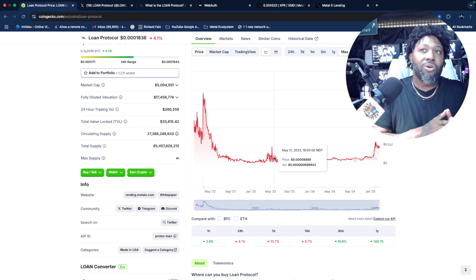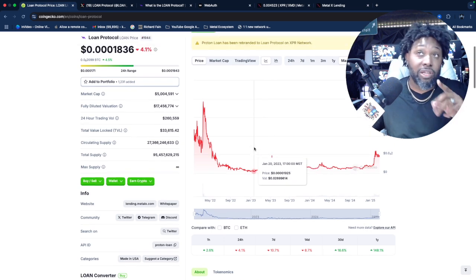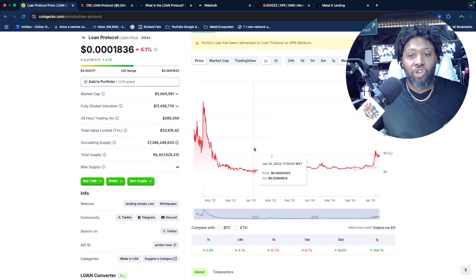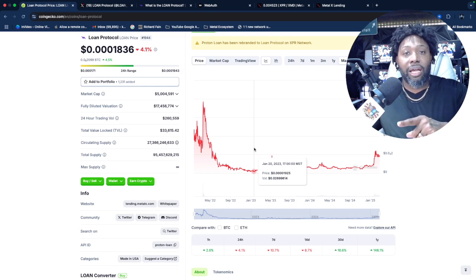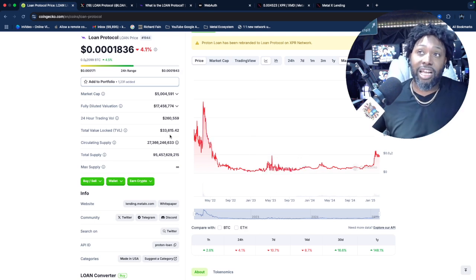And they don't know how to use a decentralized wallet, which is where I come in, and why I believe this is cool, because you have the security of a decentralized app or wallet, and you have the ease of use of a centralized exchange. So this is great, but I want to jump over here because I want to look at Loan.